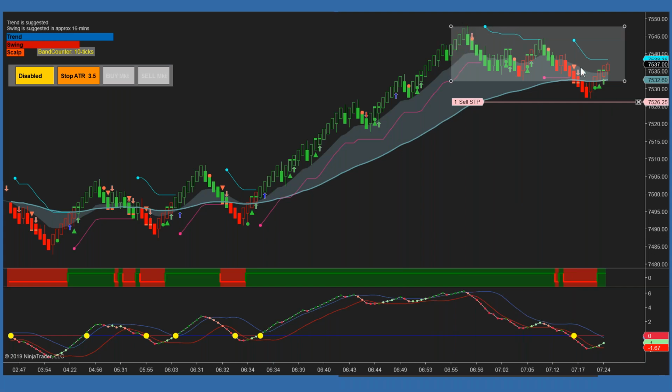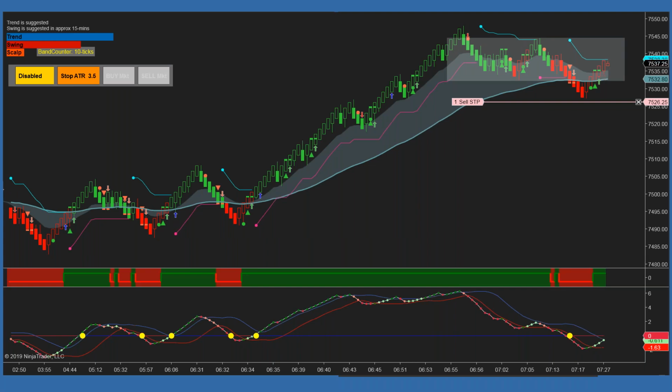There's going to be other traders, however, who are going to view the trading range like this and say that the breakout has not occurred yet. So we've got the downside covered.